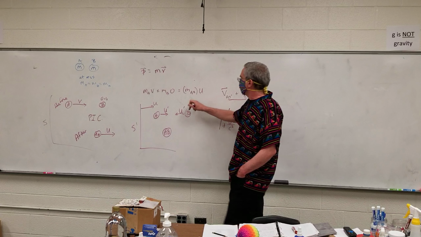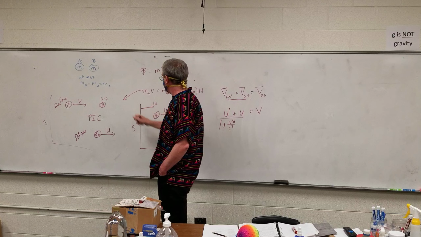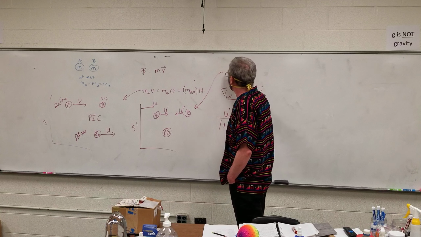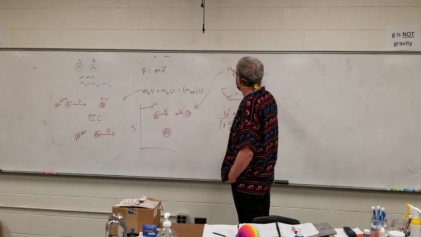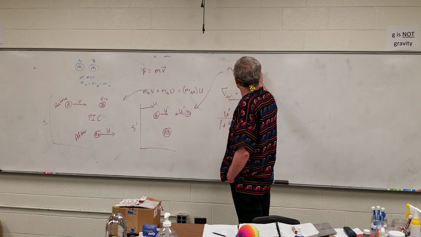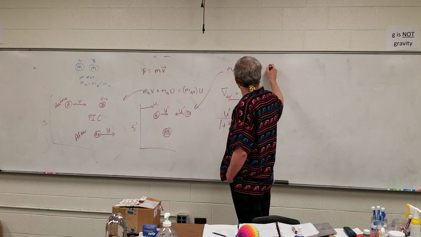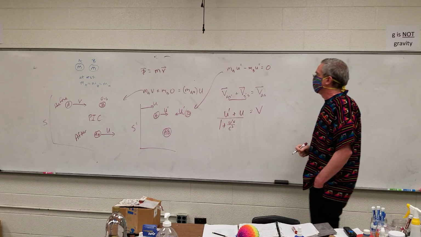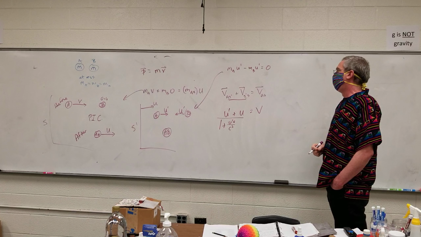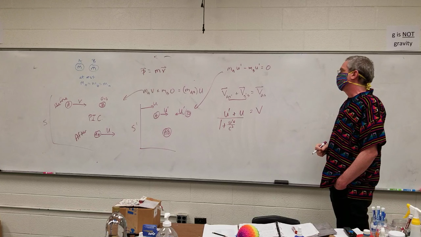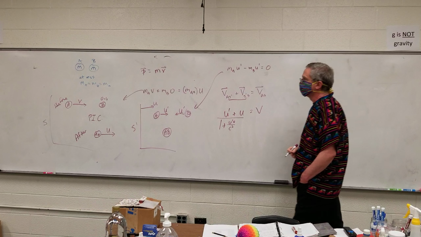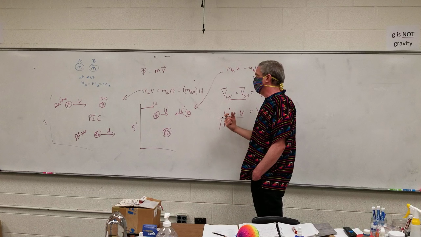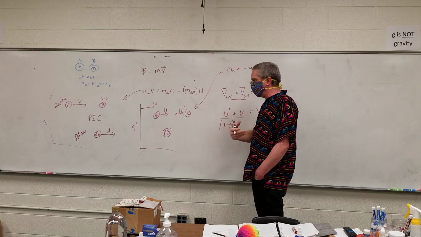Because this was our momentum equation for here, and then in our S prime frame, we have the mass of A times U prime minus the mass of B times U prime is equal to 0. What I'm heading towards here, and so here's the massive hand wave, is that since the velocities don't translate nicely, the masses don't either.